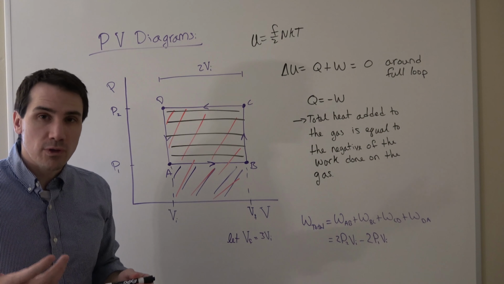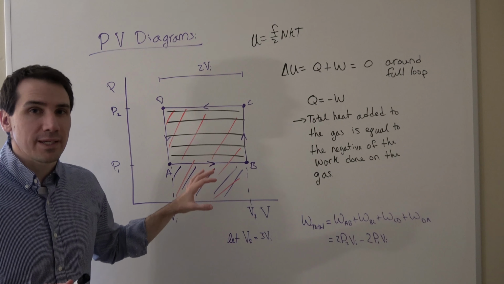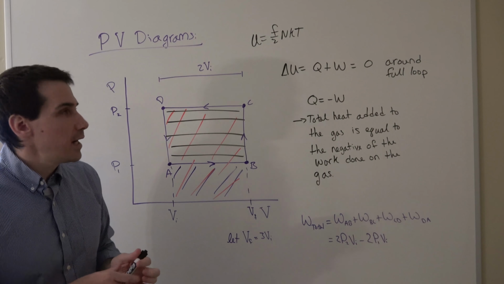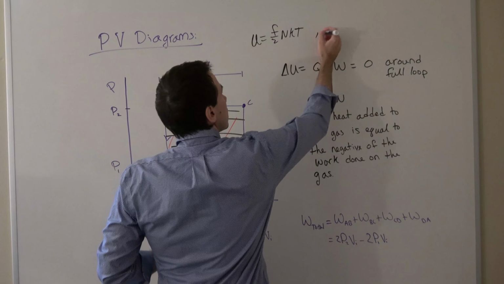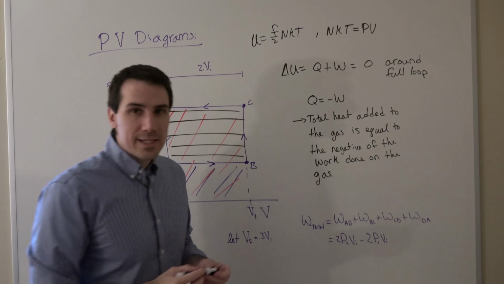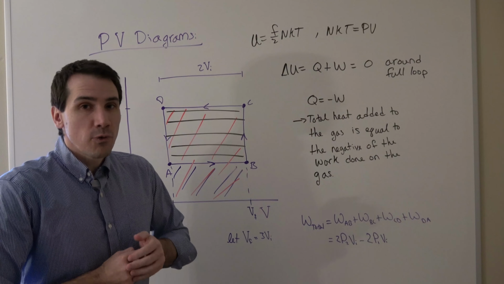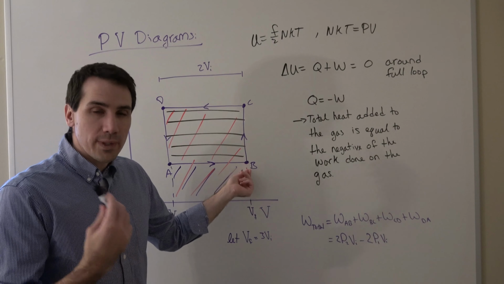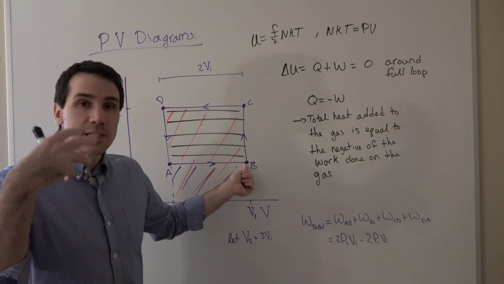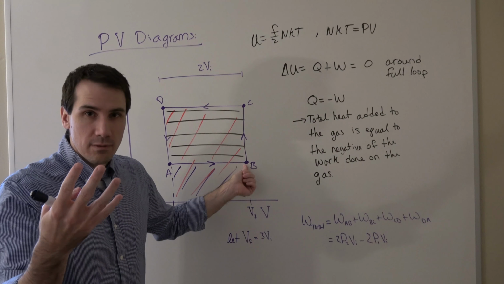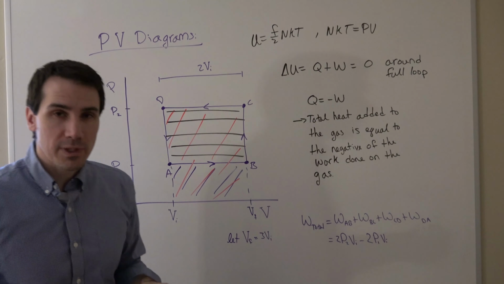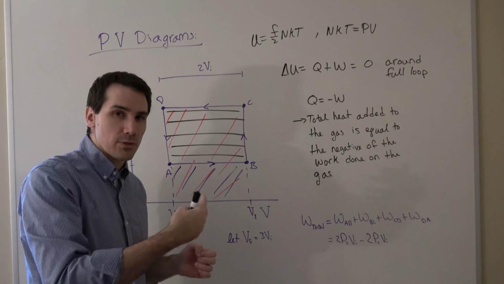But the only one of those that changes as I compress or expand the gas is the temperature. But I also know that NkT equals PV. Therefore, if I'm at a unique location in my PV diagram, say at point B, I'm at a specific pressure and a specific volume, and therefore I must be at a specific temperature, because temperature is uniquely dependent on pressure times volume.